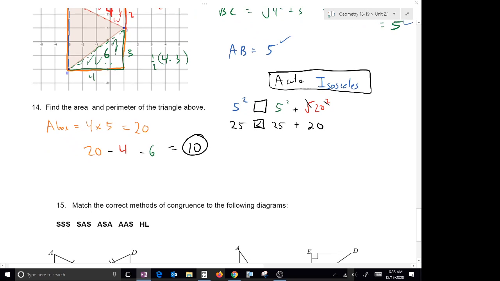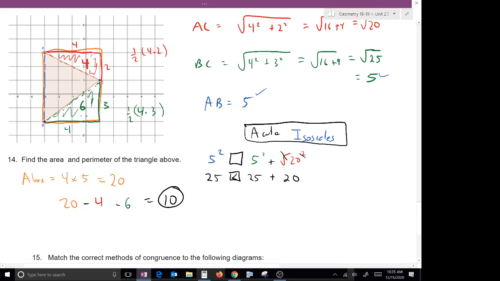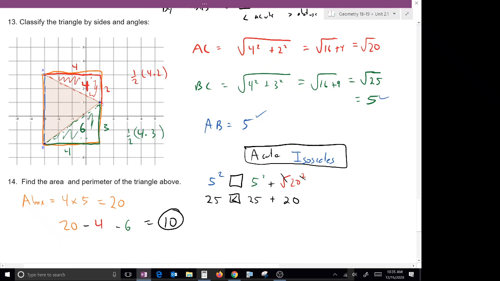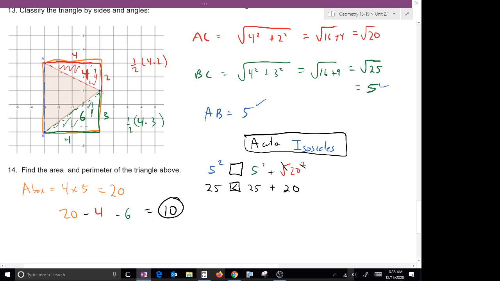Alright, perimeter. This one's not too bad either because we already have the lengths of our sides calculated in question 13. So perimeter, so that would be area. Perimeter is equal to, actually, do this.